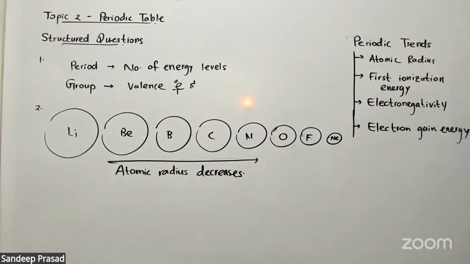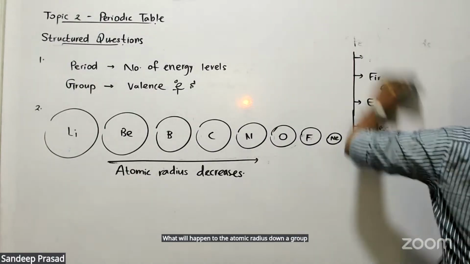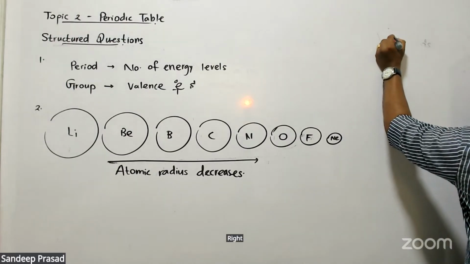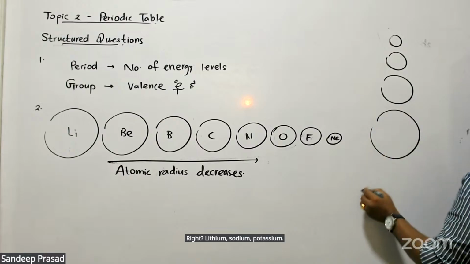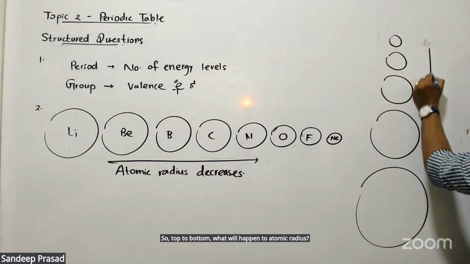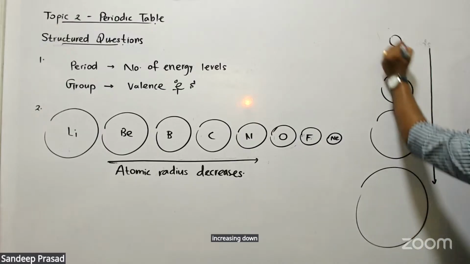Got it? Then what will happen to the atomic radius down a group, top to bottom? Lithium, sodium, potassium, rubidium, cesium. So top to bottom, atomic radius is increasing down the group.